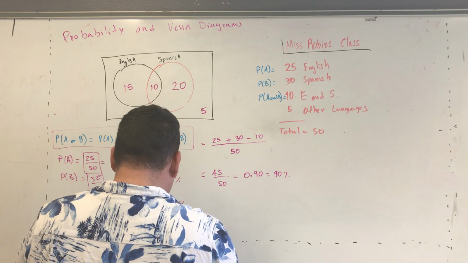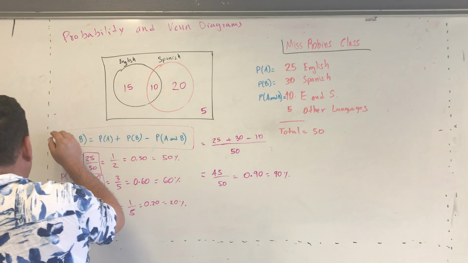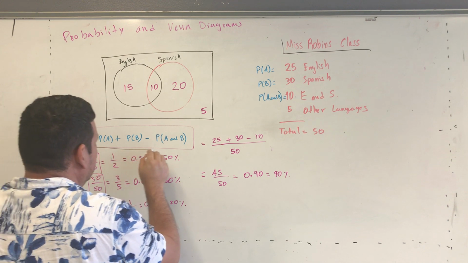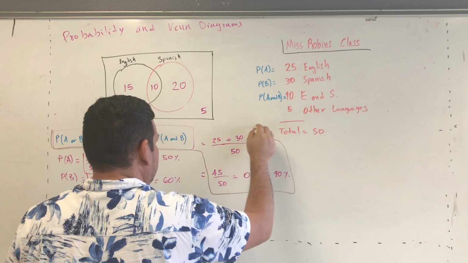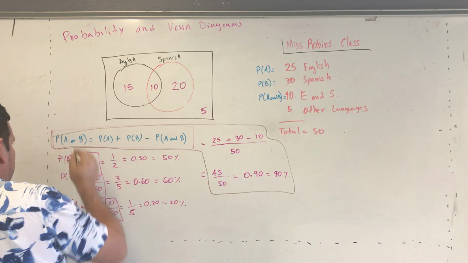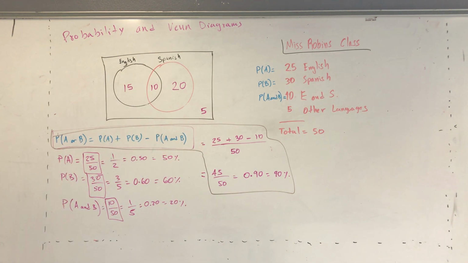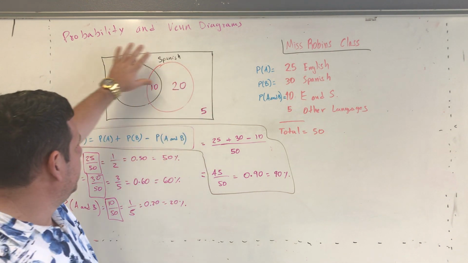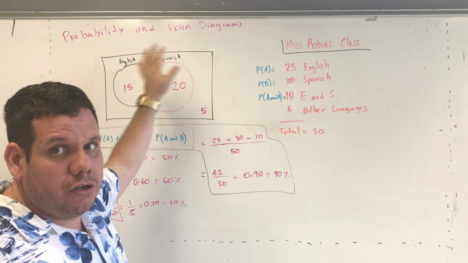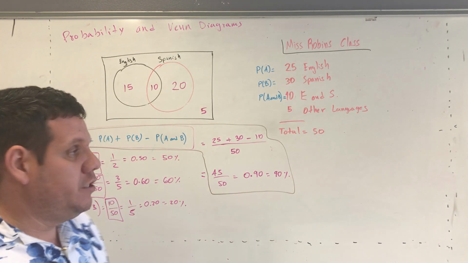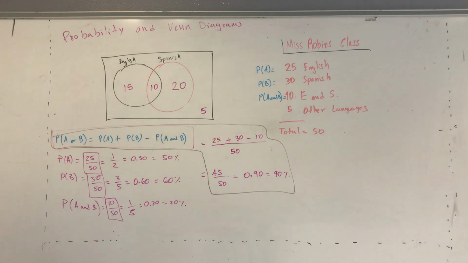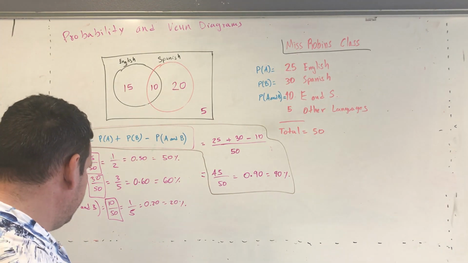I will use a different color. This is the answer for this. Okay, the probability of A or B is basically whatever is inside the two circles. Okay, as you can see, the majority of the students speak at least one of the languages.